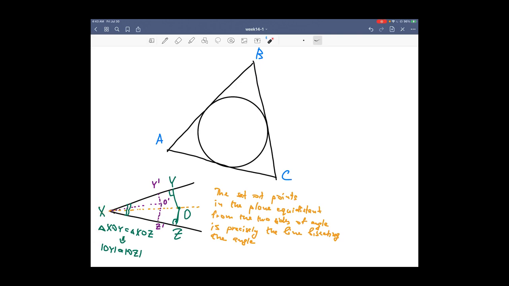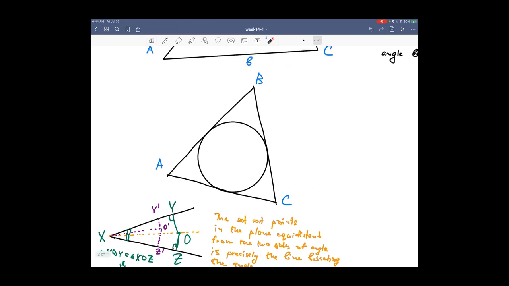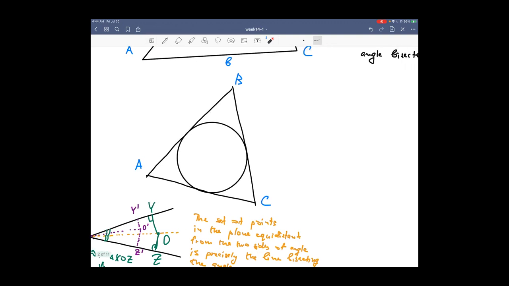All right, now that we know that the set of points equidistant from the two sides of the angle is precisely the points lying on the line bisecting this angle, we can explain where the center of the incircle is. After all, the center of the incircle must be equidistant from the three sides.